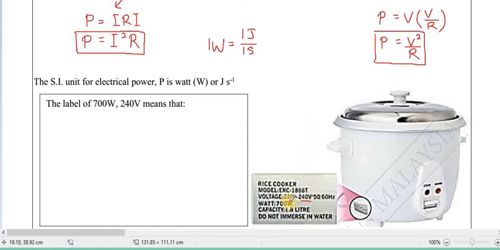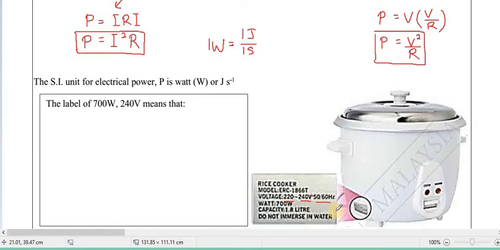So you see here, there's also a frequency, 50 to 60 hertz. This is the frequency of the alternating current. That means this rice cooker functions with alternating current. Alternating current has frequency.